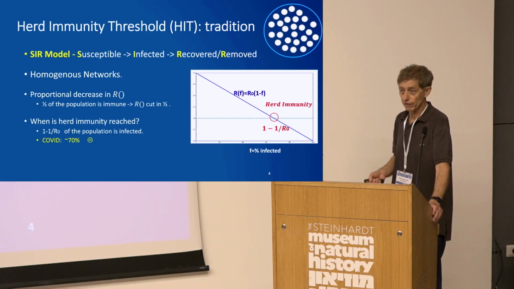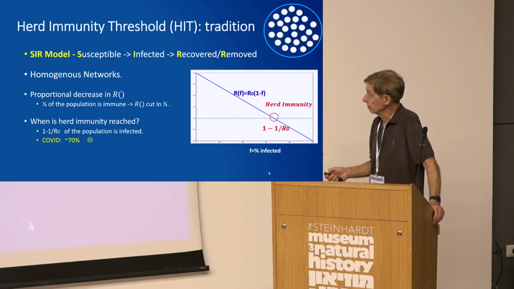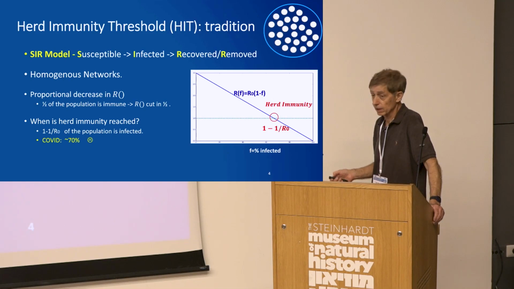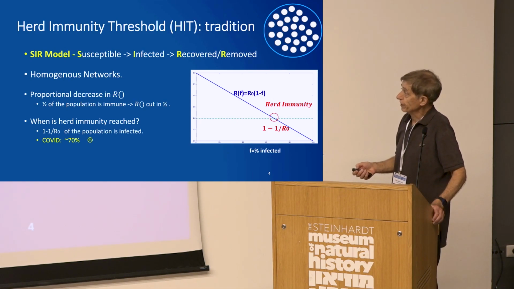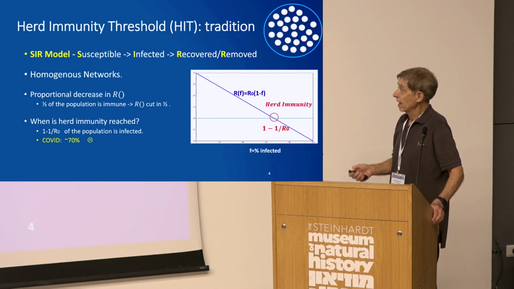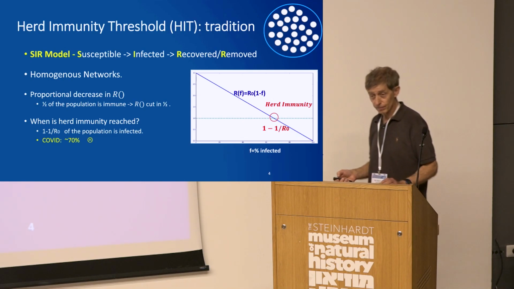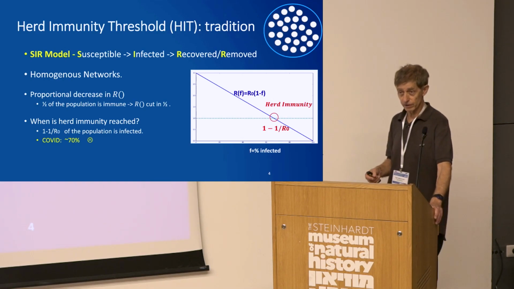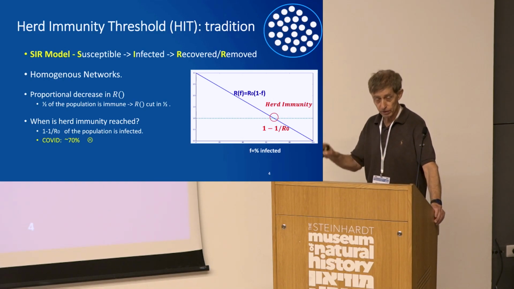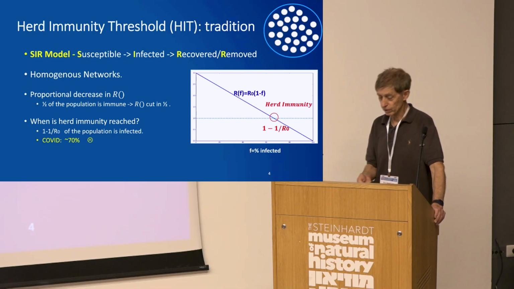That's what everybody prays for, and that's where the pandemic starts dying out. For COVID, when the starting number was 3, the linear model says that 70% of the population, more or less, has to be infected before herd immunity is achieved. Very scary number. 70% of the world would have to be infected before the pandemic would die out.